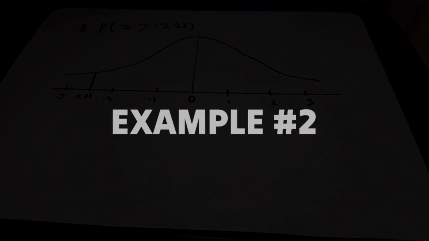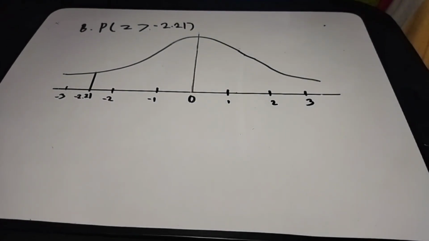So, for our second example, we need to find the probability of z that is greater than negative 2.21.